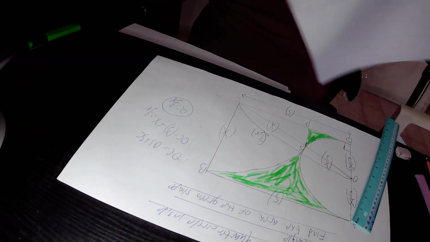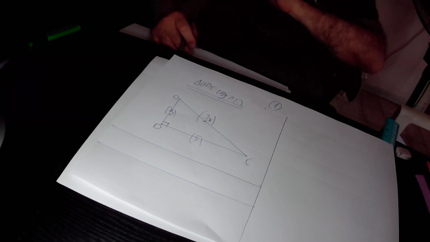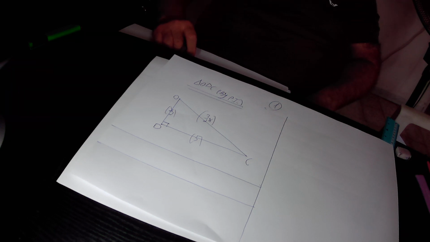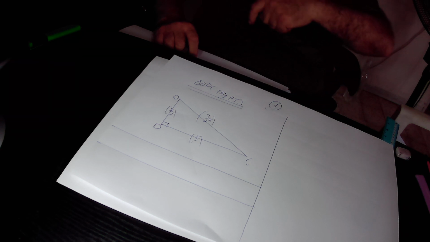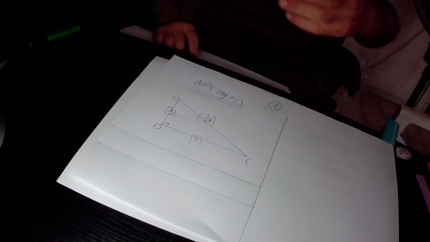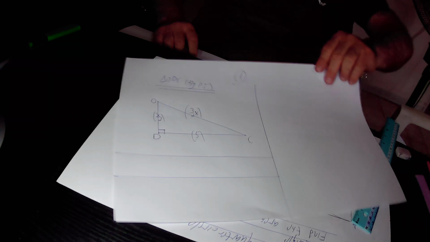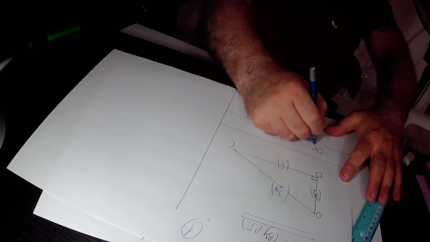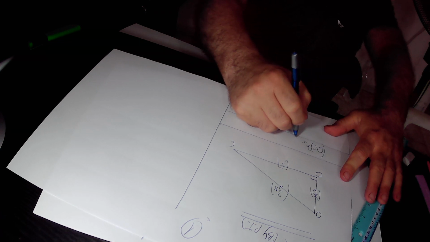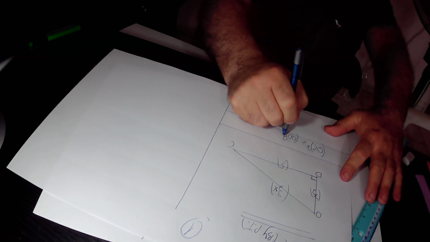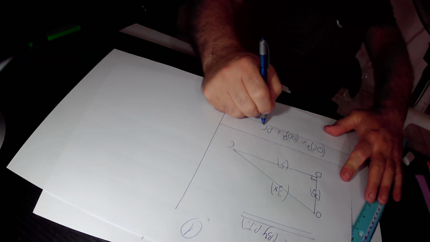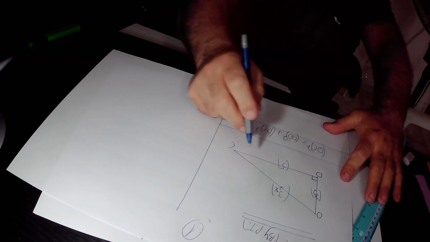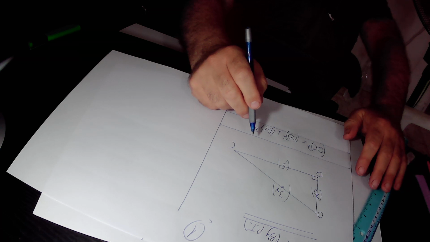So actually, this is the right triangle ODC that we copied from the original drawing. According to the Pythagoras theorem, in this right triangle ODC, OC squared, that is the square of the hypotenuse, equals OD squared plus DC squared. So I write it down. OC squared equals OD squared plus DC squared. OC equals 3 over 2 times x units in its length.